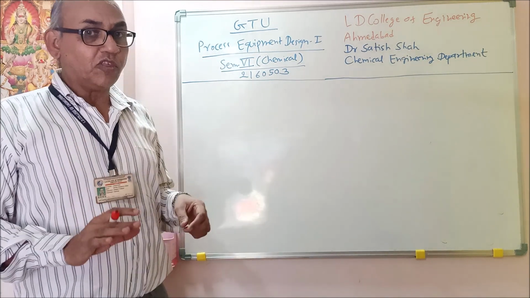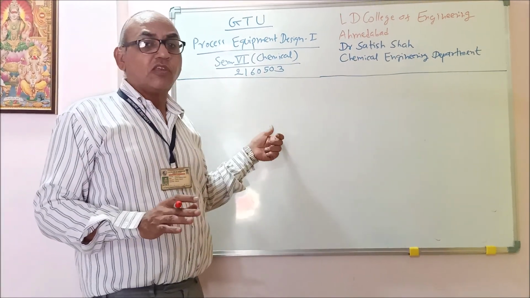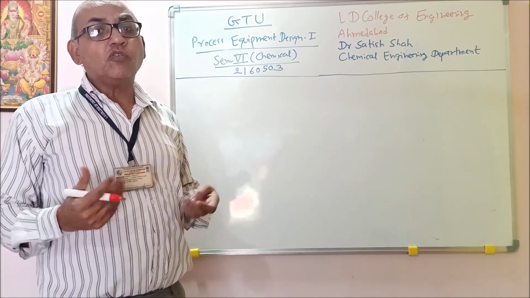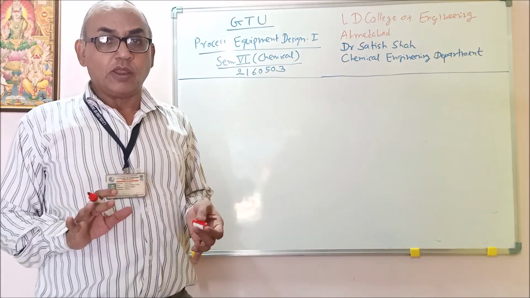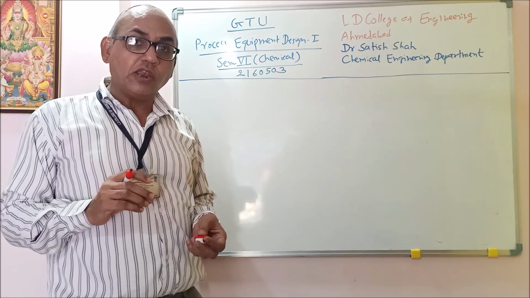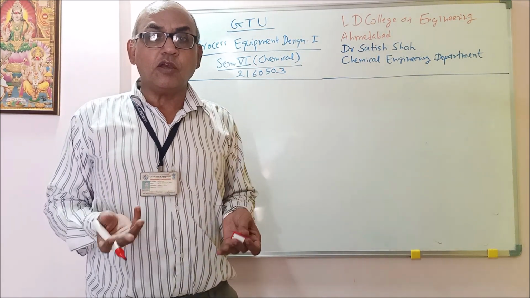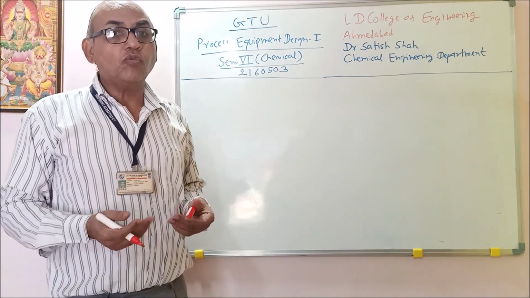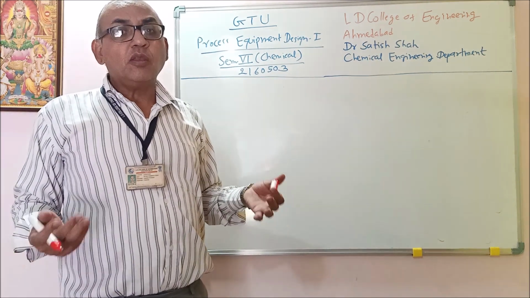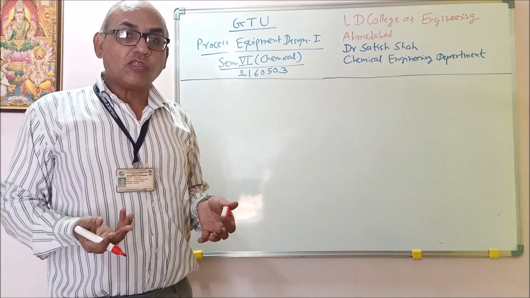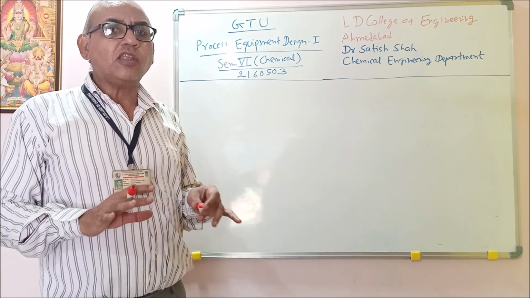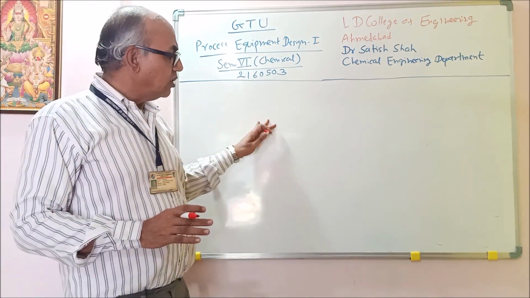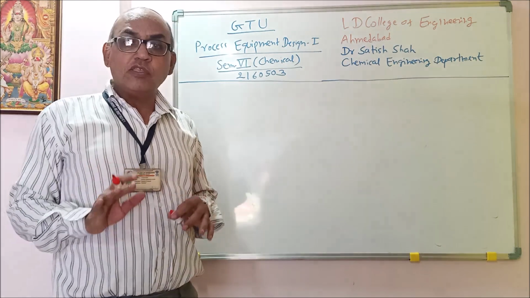So you have to always make sure that whatever excess area you have kept is enough. If the shell side is not controlling, then no problem. But if the shell side is controlling and you have not kept enough excess area, then you have to increase the tube length, by which you increase the area provided. So these are the different ways. By doing this, you can complete your design.